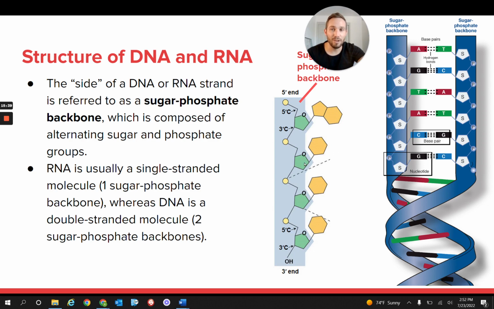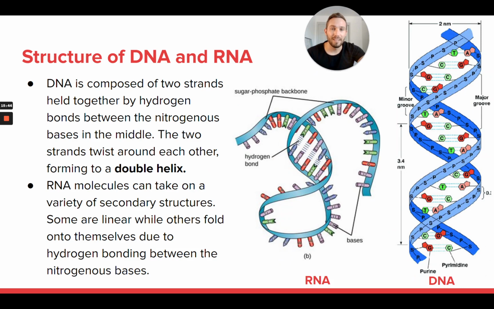So we say that DNA is double-stranded, RNA is single-stranded. And then the double strand of DNA will form this very iconic helical structure, which is called a double helix. So these guys twist around each other. And that's what DNA is always going to look like three-dimensionally.